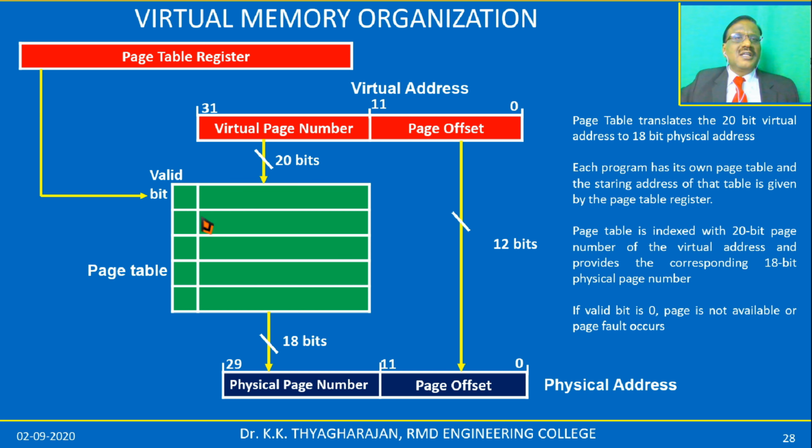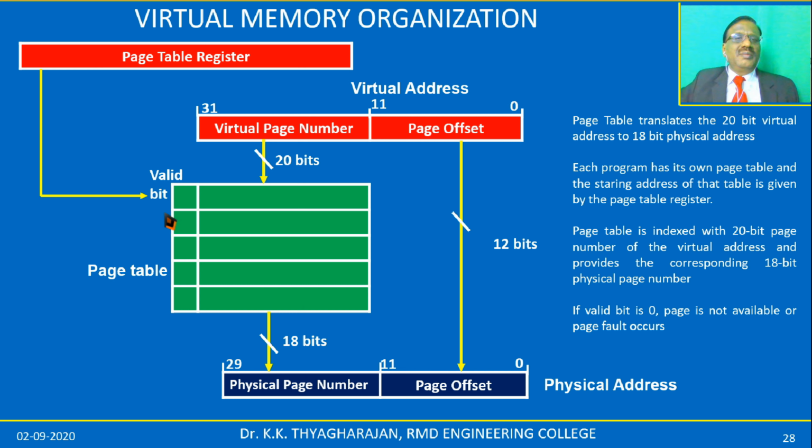This starting address is given by a register called the page table register. And the offset address for the physical memory also uses the same 12 bits, and that is directly given to the main memory. Only the virtual page numbers are translated to physical page numbers using the page table.